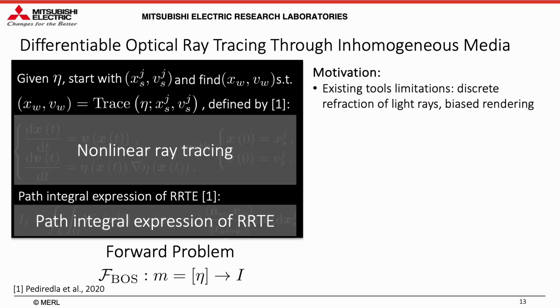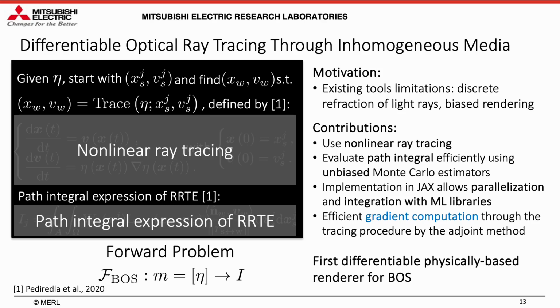And so the motivation for using this approach, where we combine nonlinear ray tracing with the path integral expression for the RRTE, is that existing tools or existing formulations discretize the refraction of the rays of light, and they result in biased rendering. And so our contribution in this context is the use of this nonlinear ray tracing formulation and the evaluation of the path integral using efficient, unbiased Monte Carlo estimators.